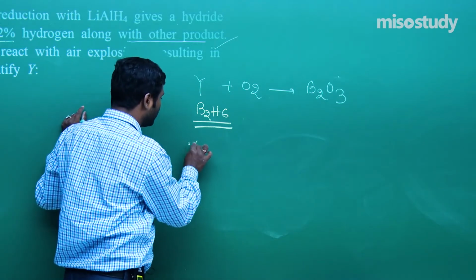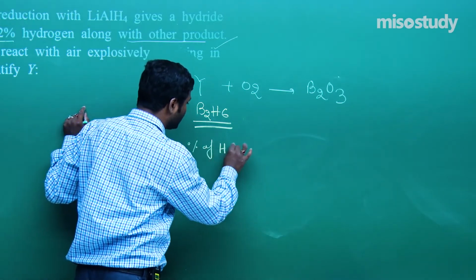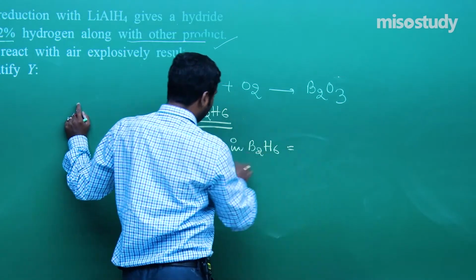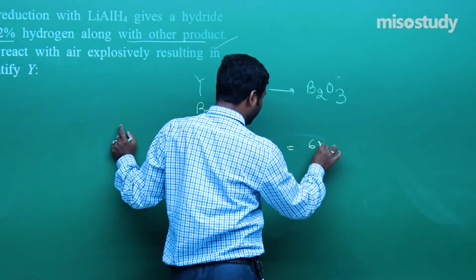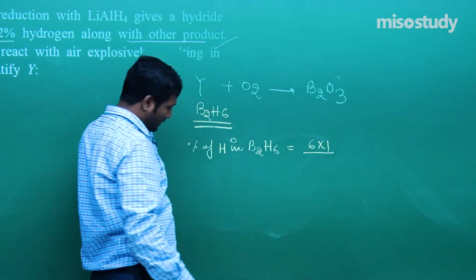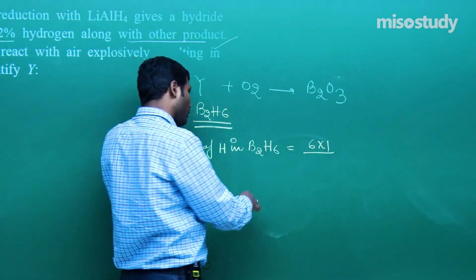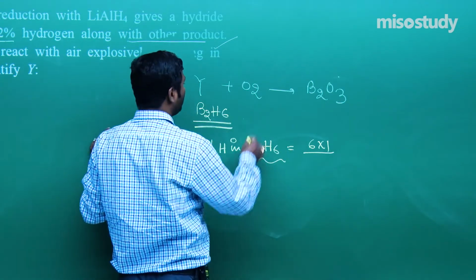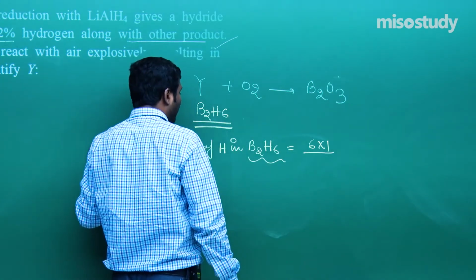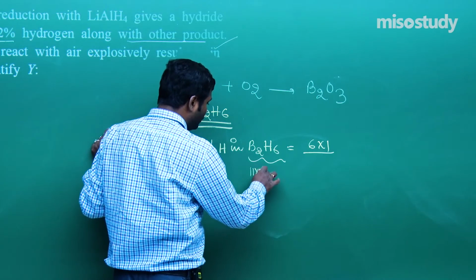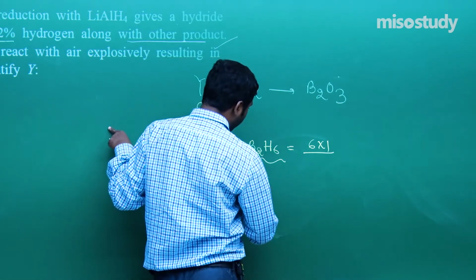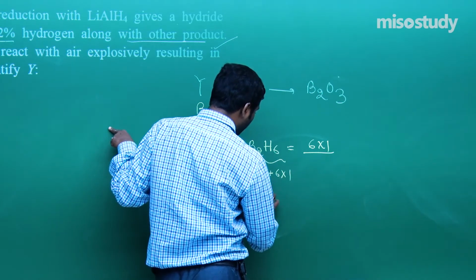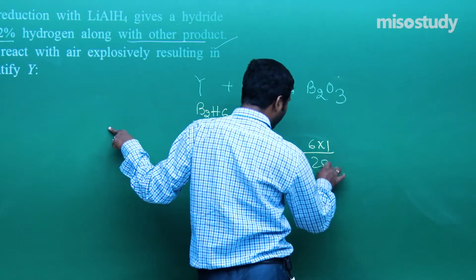Now here 21.72 is given. Now calculate the percentage of hydrogen in B2H6. That is total 6 into 1. What is the molecular mass of B2H6? The atomic number of boron is 5, the atomic mass is around 11, so 11 into 2 is 22, plus 6 into 1 is 28, around 28.